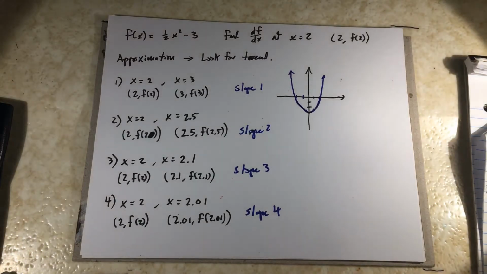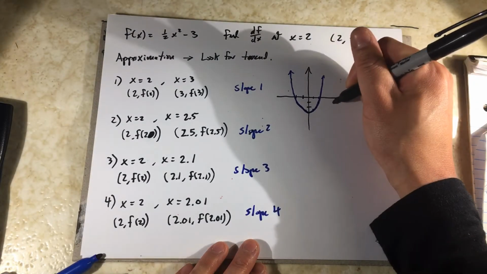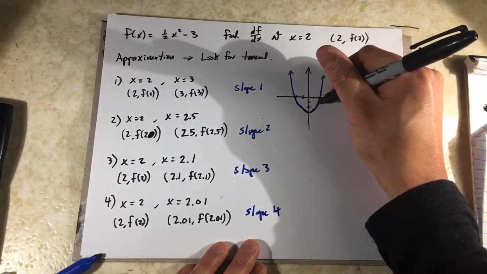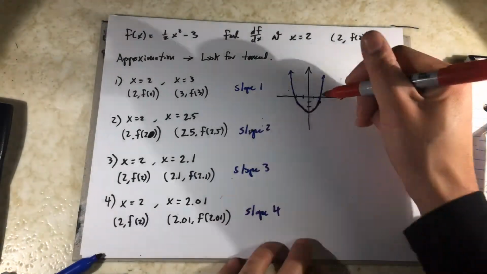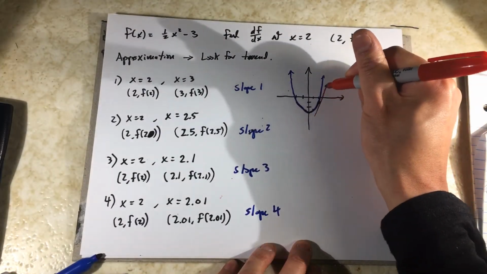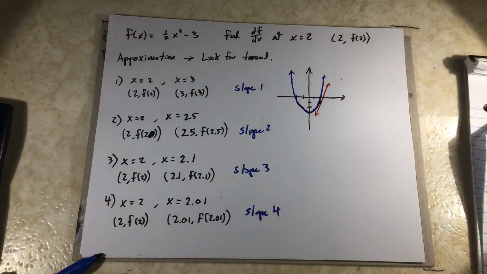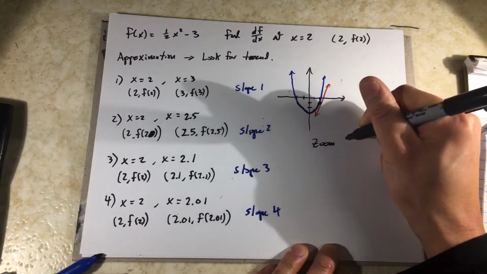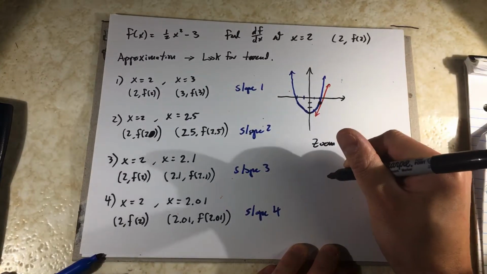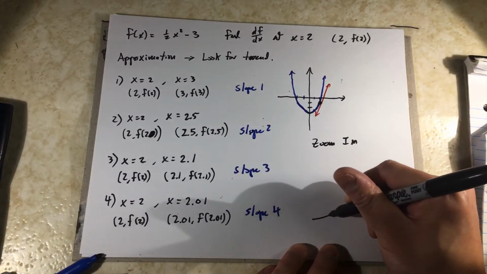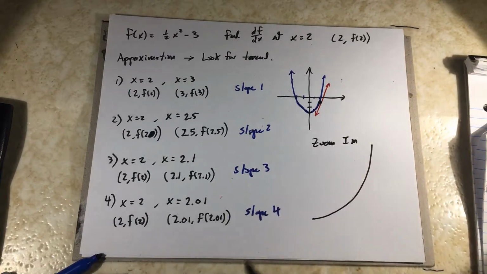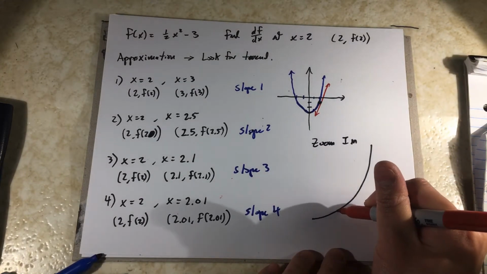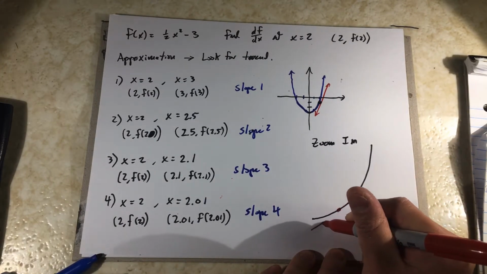And what we're trying to do is find the slope of the tangent at this point right here. Okay. So if we zoom in, so we just look at that curved portion, what we want is the slope of the tangent at this point right here.